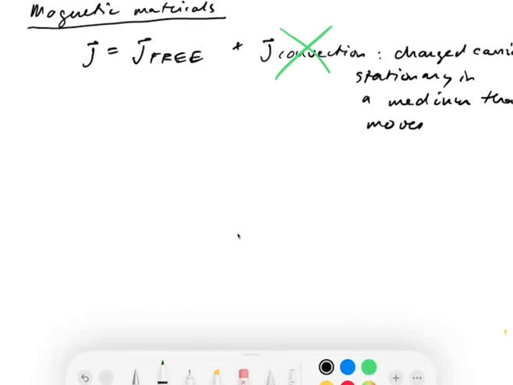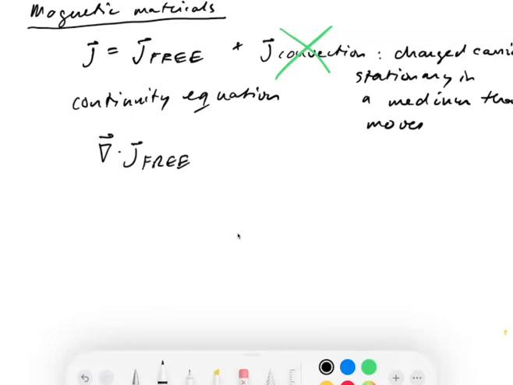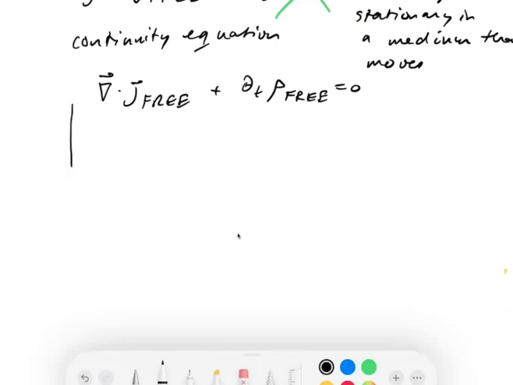Okay, now for the free charge density, there should be a continuity equation that says that divergence of J free plus the derivative of the charge density free is 0.